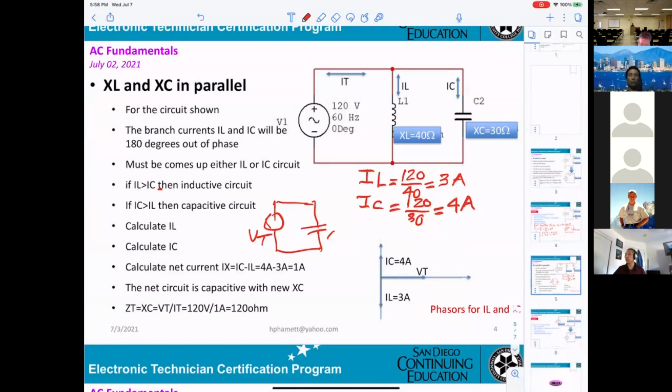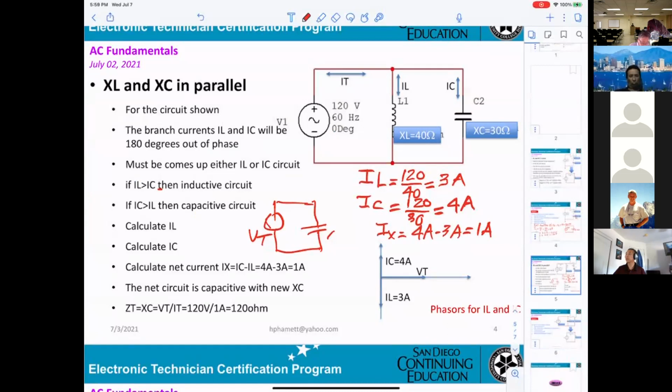The thing is, IC equals 4 amp, IL 3 amp. So that gives you 1 amp, okay?